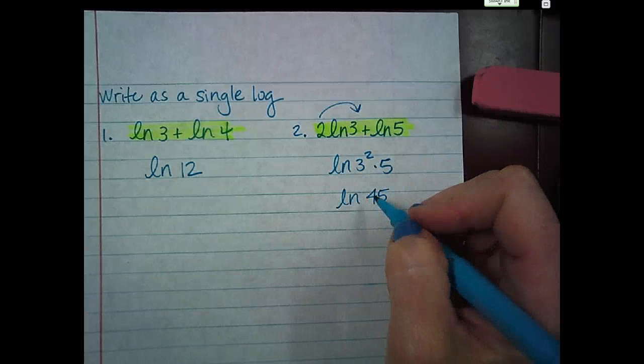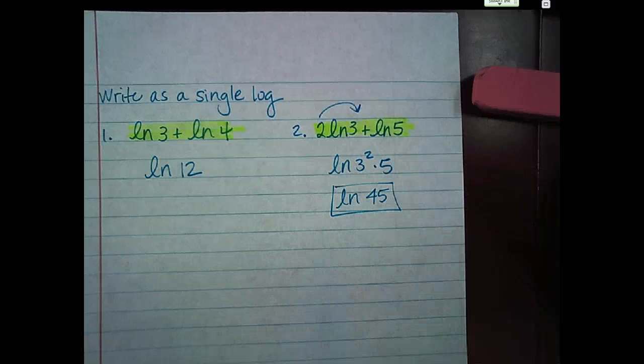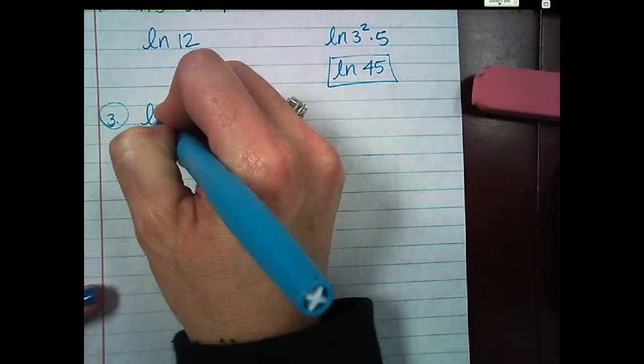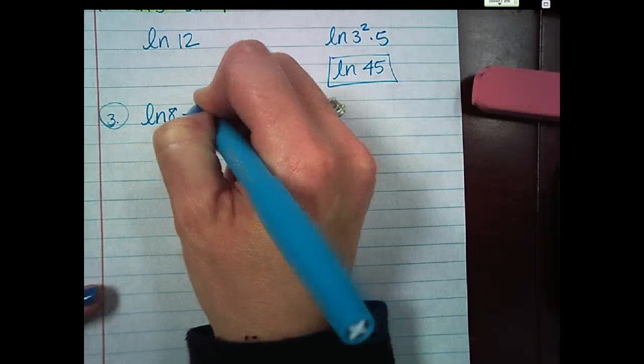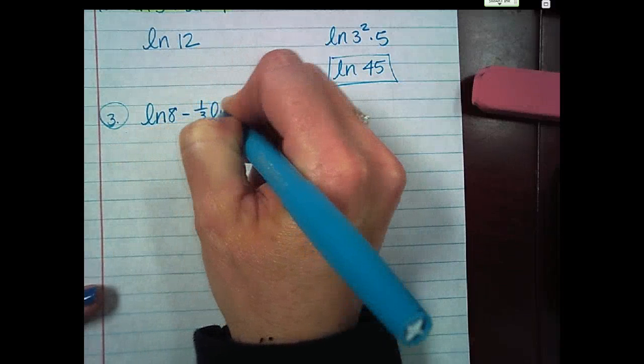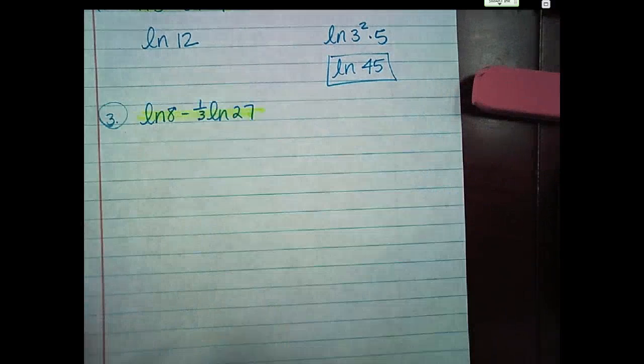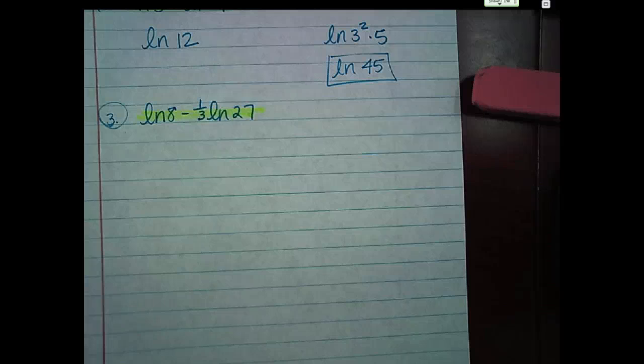In terms of 1. Number 3. You're asking for the natural log of 8 minus 1/3 times the natural log of 27. First thing I would do is take the 1/3 and turn it into the exponent.